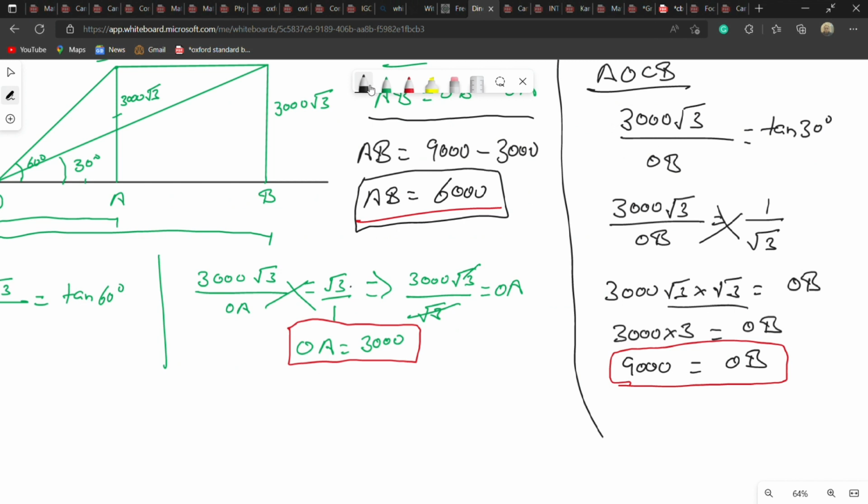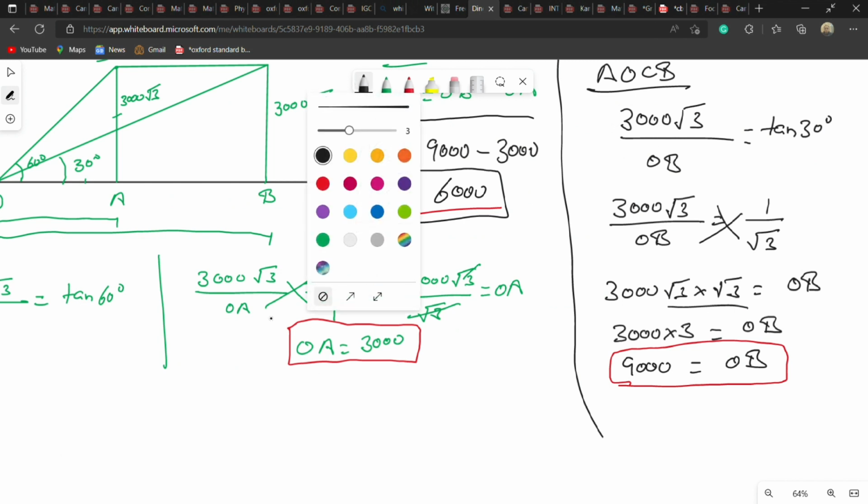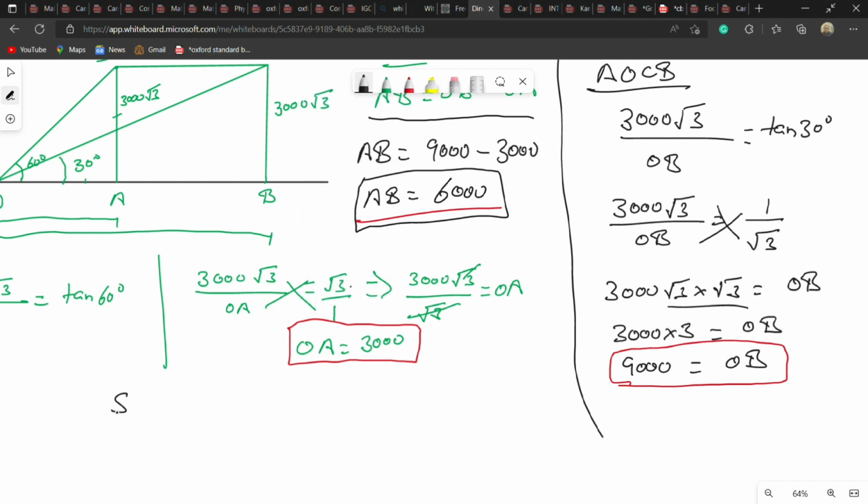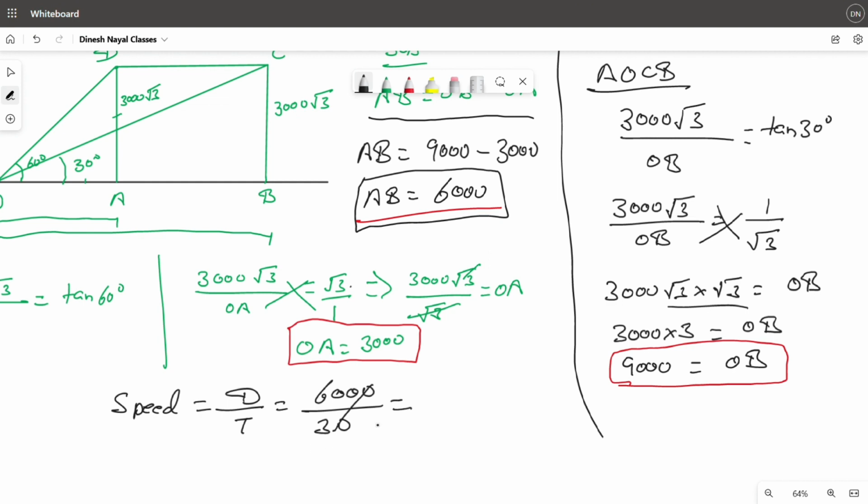Speed is distance upon time. The distance is 6000 meters and the time is 30 seconds. When you solve it, the zeros get cancelled, so this will be 200 meters per second.